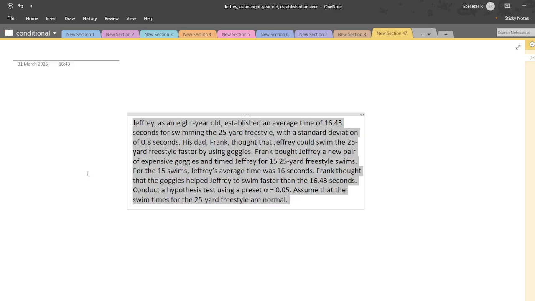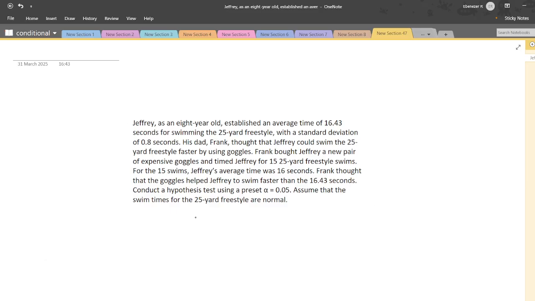So Frank bought Jeffrey a new pair of expensive goggles and timed Jeffrey for 15 25-yard freestyle swims. For the 15 swims, Jeffrey's average time was 16 seconds. Frank thought the goggles helped Jeffrey swim faster than 16.43 seconds. So conduct a hypothesis test using alpha 0.05. You want to check whether the goggles work or not, right?